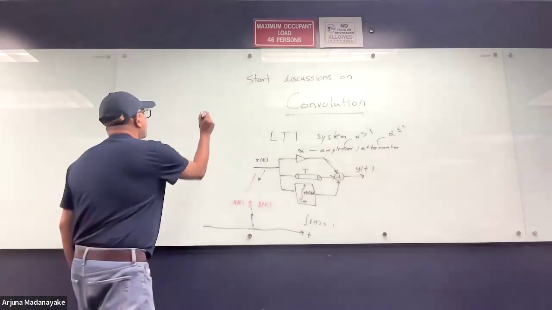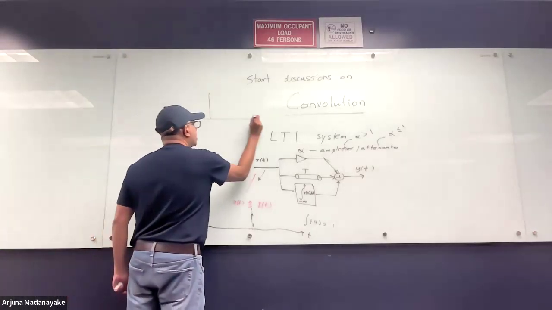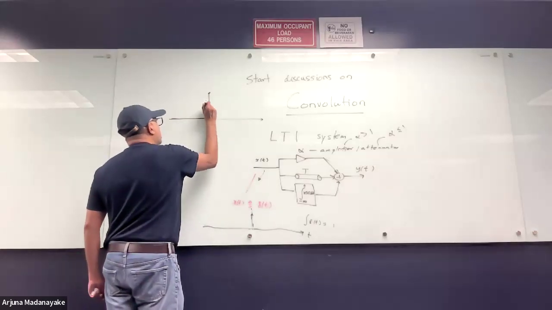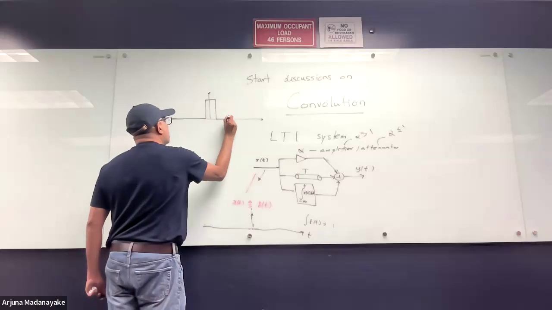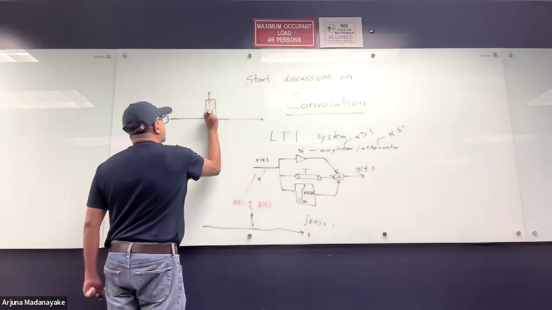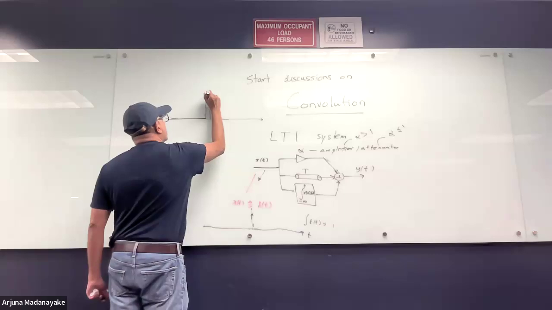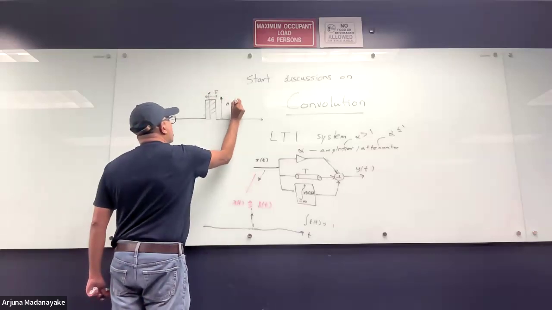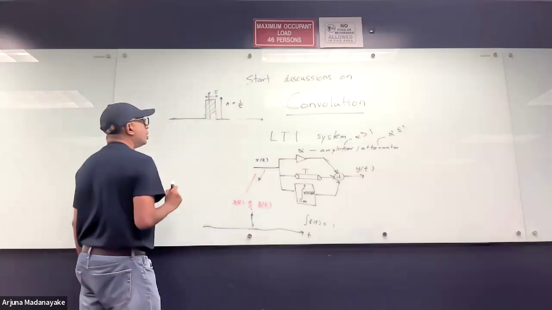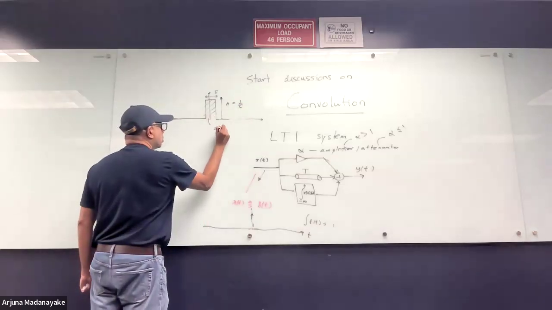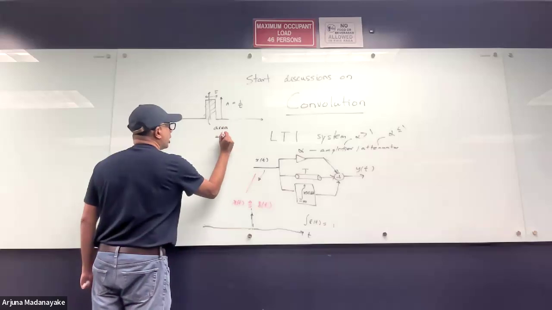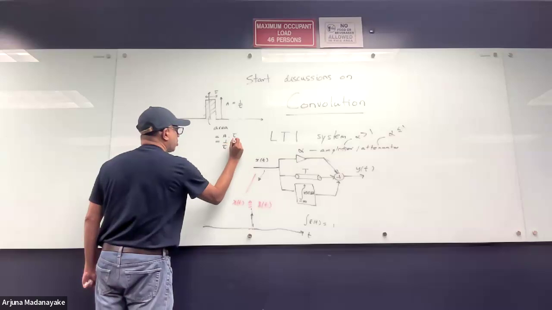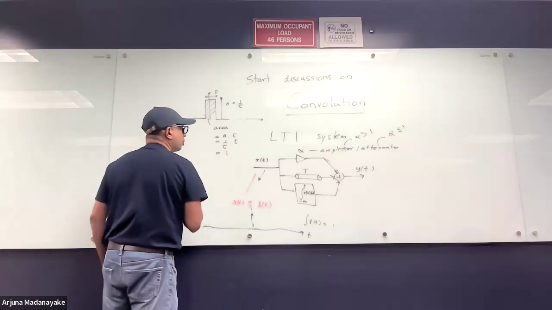So where's this coming from? We have a pulse, right? A pulse which is going like this, and we select this duration to be tau and this height A to be 1 over tau. So we know that the area is equal to A times tau, which is equal to 1 over tau times tau, which is equal to 1.